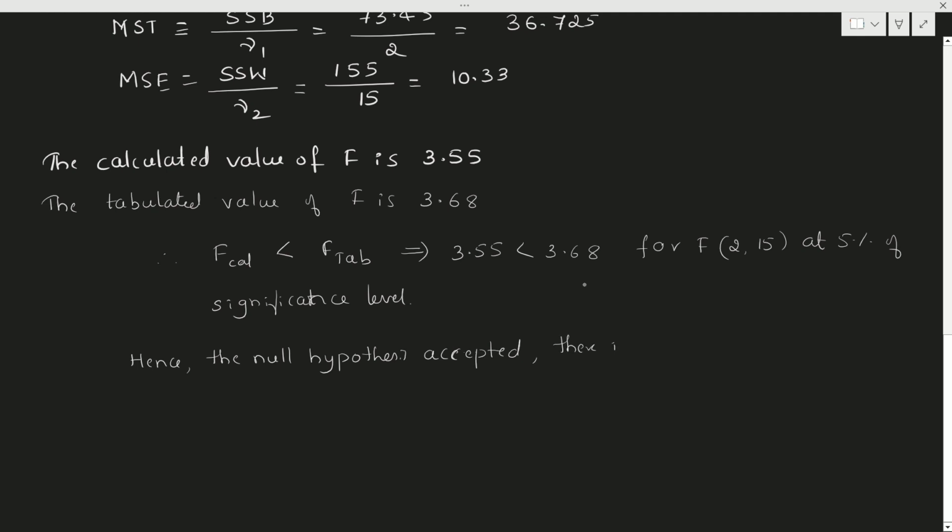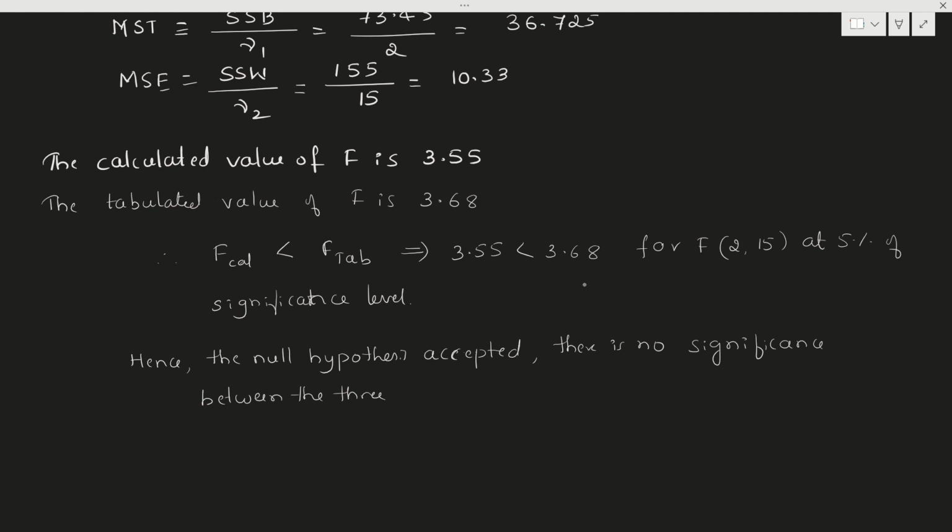There is no significance between the three processes, so we can conclude that there is no significant difference between the three processes. This is how to solve a one-way ANOVA problem.